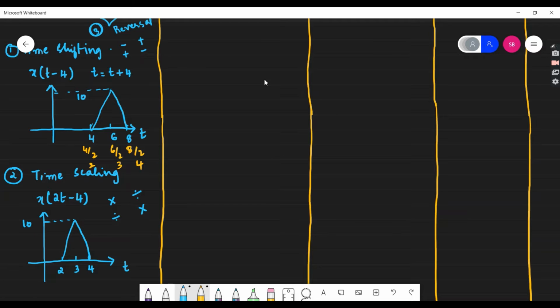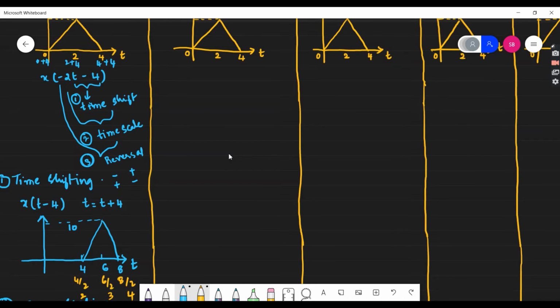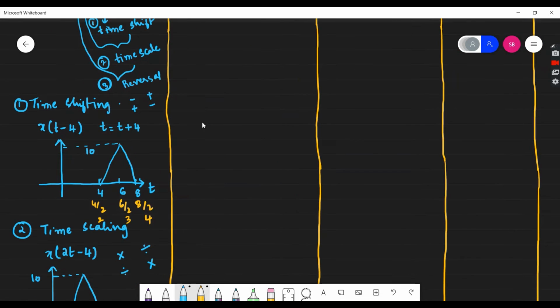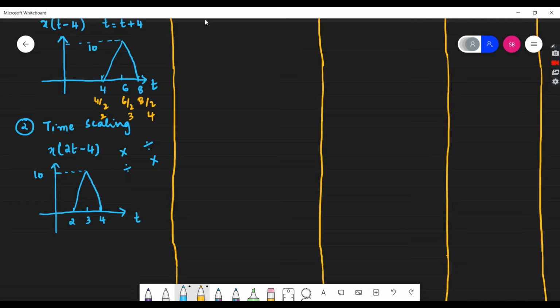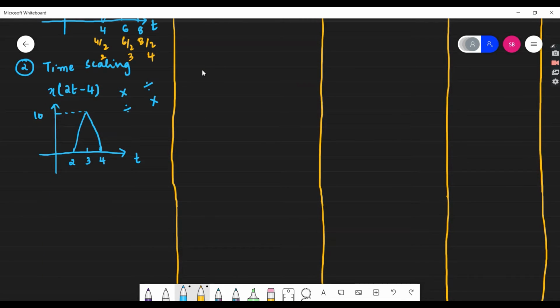But according to the question, I want x of minus 2t minus 4, which is nothing but a time reversal operation. So at the third step, I will perform the time reversal operation for this particular signal of x of 2t minus 4. So I require x of minus 2t minus 4.